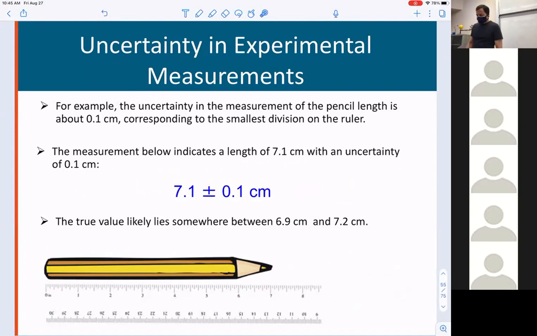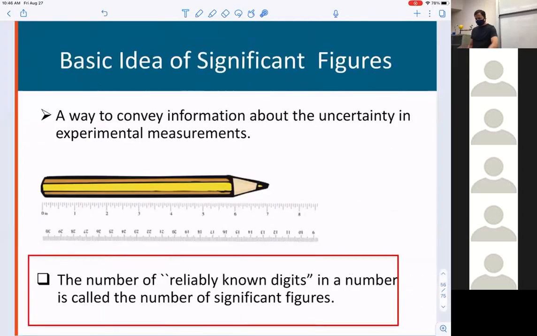So here you say that you're measuring this to about 7.1, but then you put in plus or minus 0.1 because you don't know if it's 7.2 or 7.3. So there's a little uncertainty there. That's one way in which you would estimate the uncertainty, just by looking at these tick marks. So the true value can lie somewhere between 6.9 and 7.2.